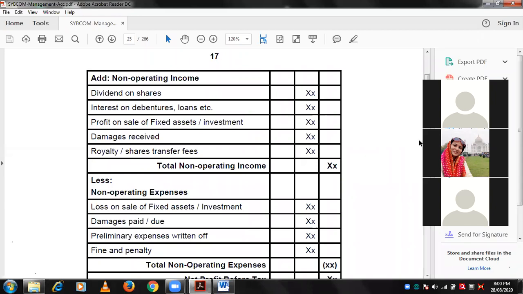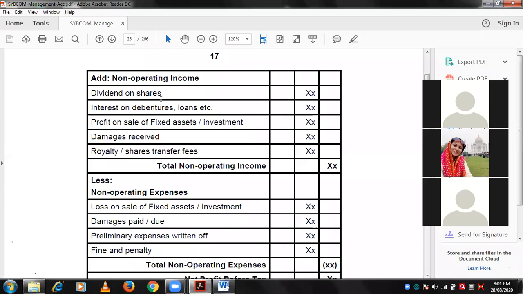So if I get some profit on sale of my assets, then it is non-operating income to me. If I get any compensation, then it is also non-operating income. If I get any royalty or copyright amounts, then it is not my operating income. So we have to put all those things under non-operating income here.